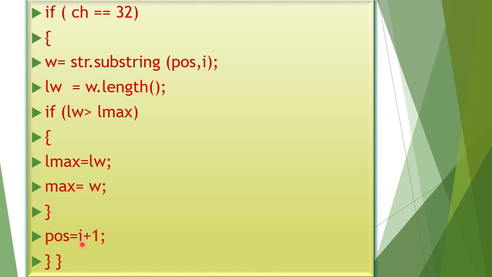So at present i represents the index position of the blank space. So to get the next word, pos must be updated as pos equal to i plus 1. We close the brace for if and close the brace for the loop.